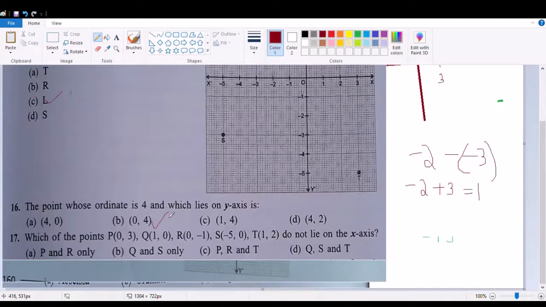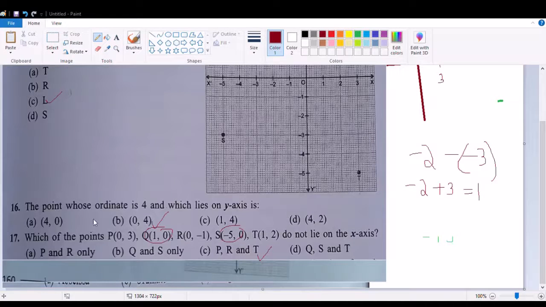But here only 2 points whose y coordinates are 0. What are the points? Yes, it is Q and S. These 2 points lie on the x-axis. Do not lie on the x-axis, what are the points here? P, then R and T. So the answer is P, R, T. That is C is our answer.